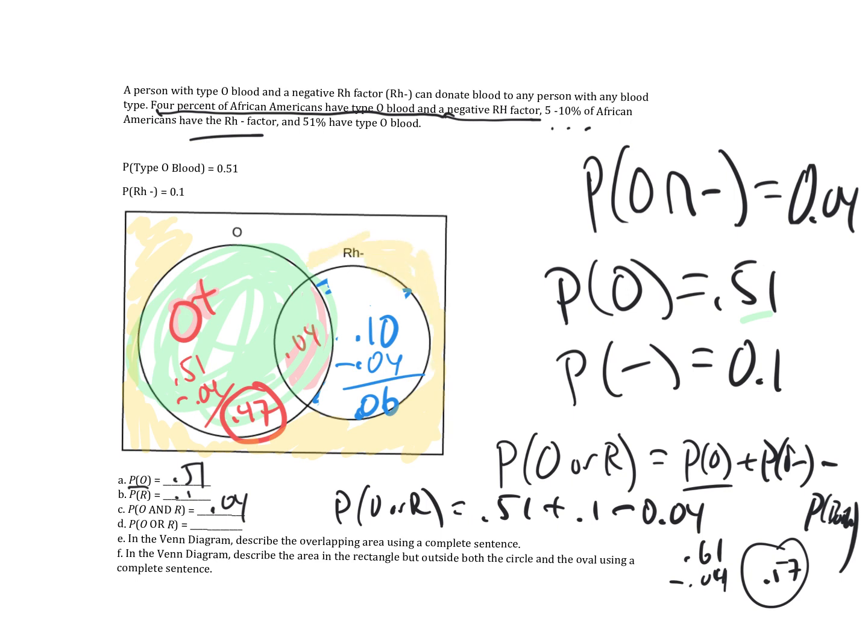But you see how if we had asked the probability that somebody has O positive blood, we would have had to do this calculation. We're taking the 0.51 minus the 0.04. Okay, so what is that gold area?